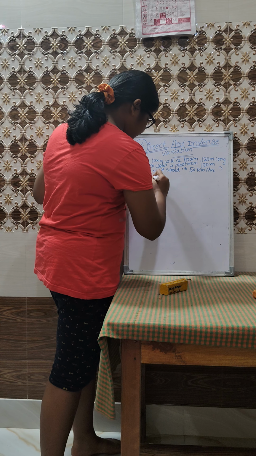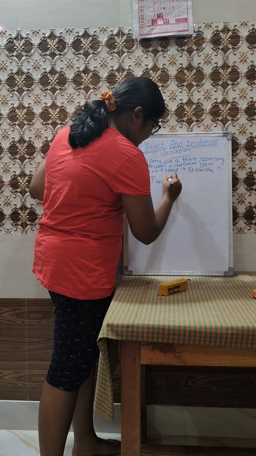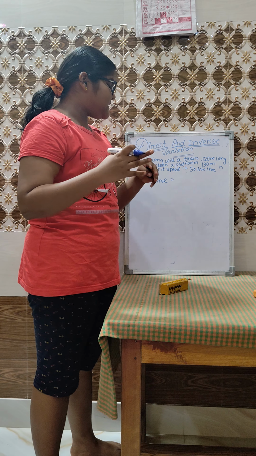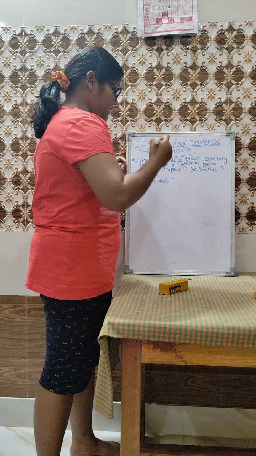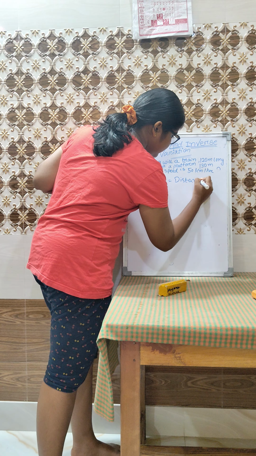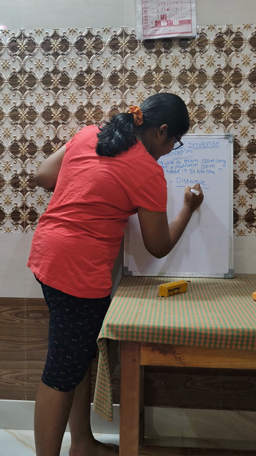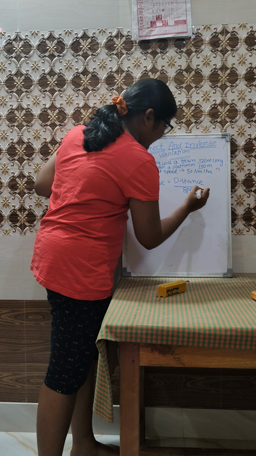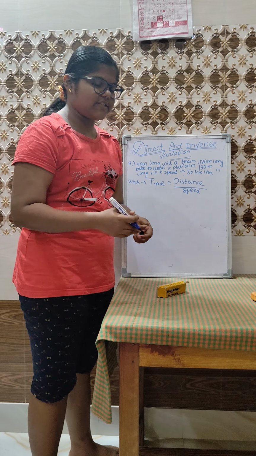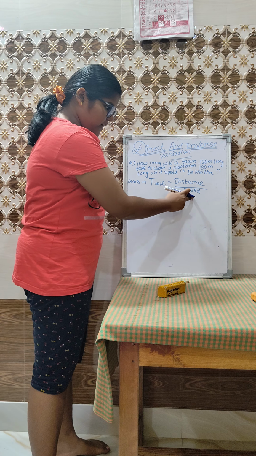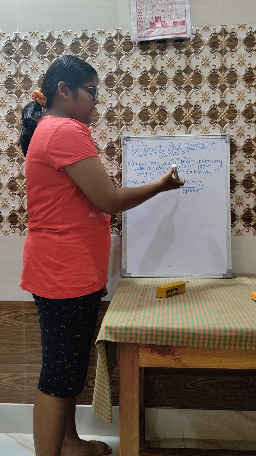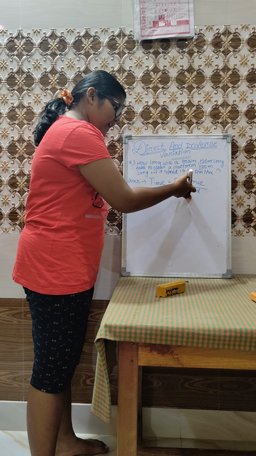So here time. And we know time formula is distance by speed. I'm writing time formula is distance by speed. Speed formula is equal to distance by time. Here speed, so speed will go to here and time will come to here. So it is speed equal to distance by time.